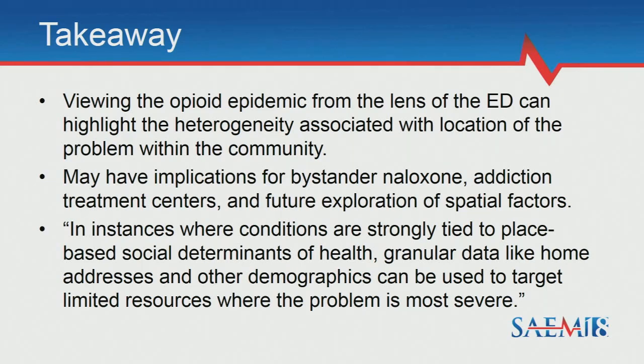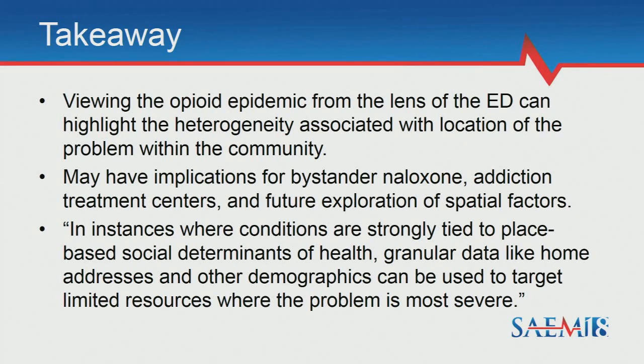And I like this quote because I think it's applicable to more than just opioids. In instances where conditions are strongly tied to place-based social determinants of health, granular data like home address and other demographics can be used to target limited resources where the problem is most severe. And so you can envision a scenario in which we can leverage a patient's address in real time to surveil the community for problems.